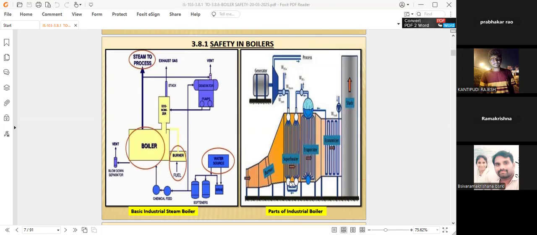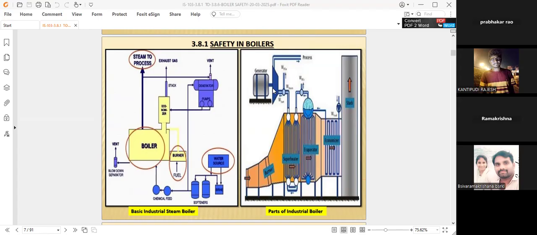Here is what is called the mud drum, where the flue gas goes through this. It will help by taking the heat into the water inside. Therefore, water becomes steam at 420 degrees centigrade and 32 kg per square centimeter.